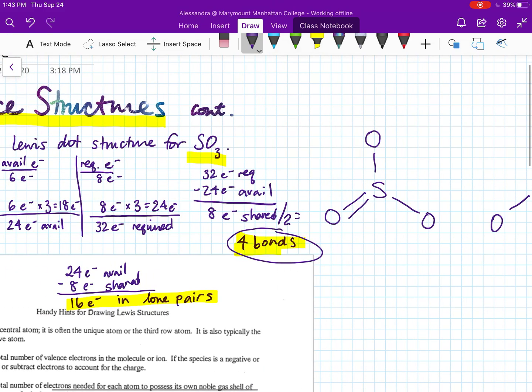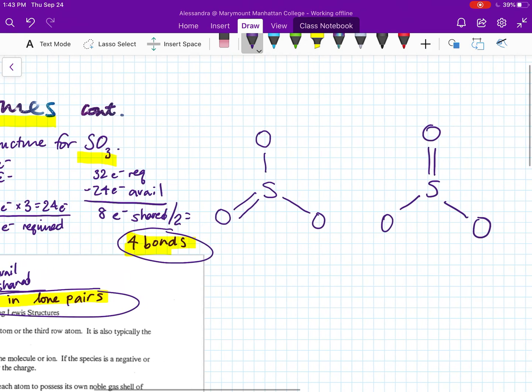Now, I also want to put in the lone pairs. I know that in each molecular structure, I have to have 16 electrons in lone pairs. So what I'm going to do is fill up everybody's octet. Sulfur already has 4 bonds, so it has 8 electrons associated with it. But the oxygens are going to need to have their octets filled up. So I'm going to put 6 electrons around that oxygen because 6 plus the 2 from the bond is 8. 6 here.